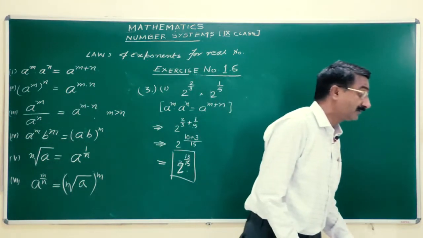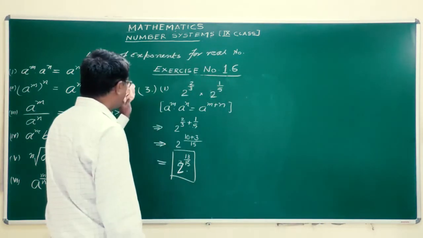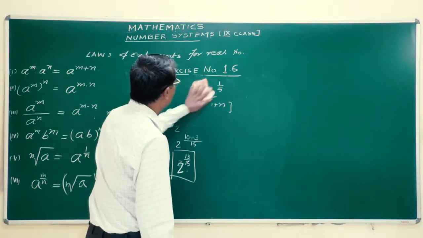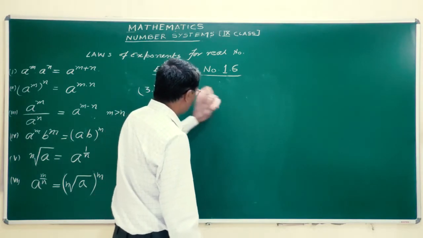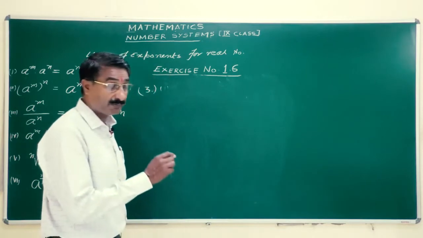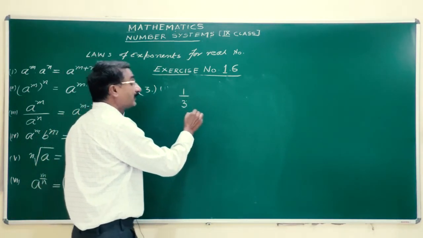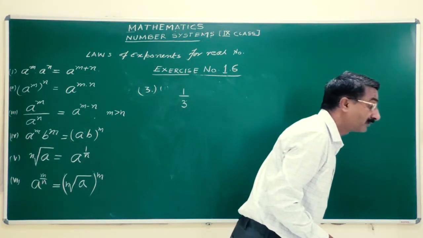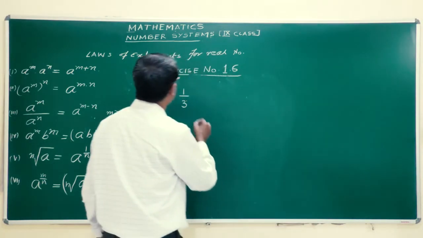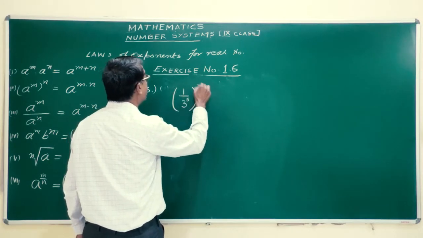The second one is 1 upon 3 raised to the power 3, whole raised to the power 7.